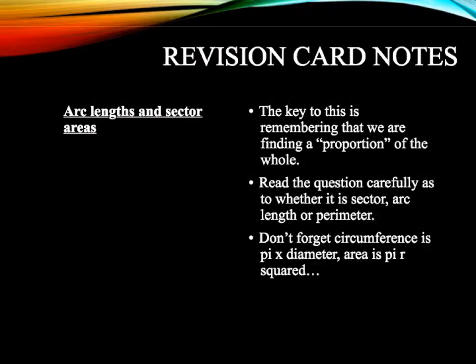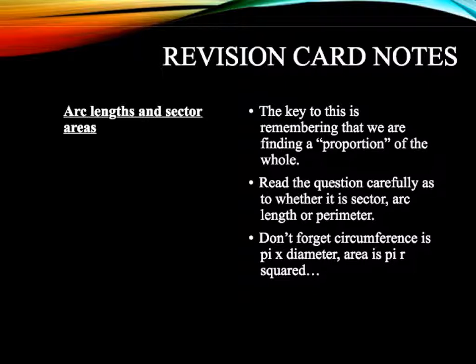Let's move on to the final part, which is where we take some revision card notes. The key to this is just remembering that we're finding this proportion of the whole thing. So always start out where you're working out either the circumference or the area of the whole circle. Read the question carefully to see what it is that you're being asked to do. You might also need to link in a little bit of triangle work.